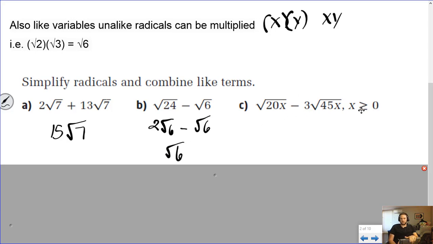Okay, and then the same thing here. Variables will work exactly the same way as numbers, right? In the sense that if I have the square root of x and the square root of x, as long as they are the same, we can still add the numbers that are in front.